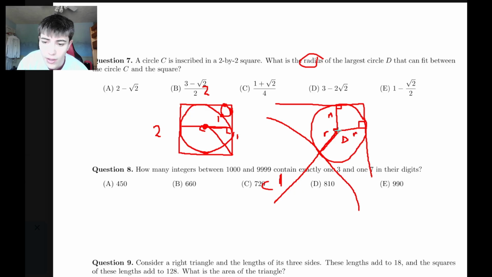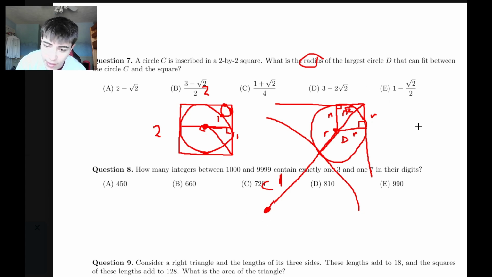And then again, we can connect like this, right? And if you notice, r right here, we can move over here. So now we've got another 45, 45, 90 special right triangle. So this would also be r times root 2. We'd multiply it by root 2. So if we look at this, it's going to be from the center of C to the corner.